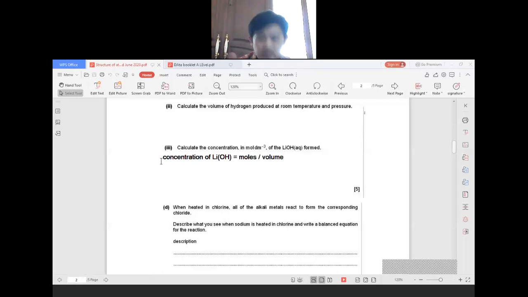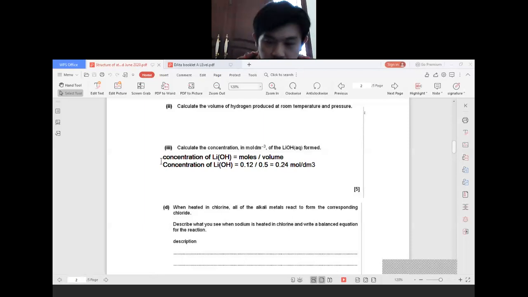We know the volume was 0.5, so concentration of lithium hydroxide equals 0.12 divided by 0.5, which becomes 0.24 mole per decimeter cube. Mole per decimeter to the power of 3. Okay.